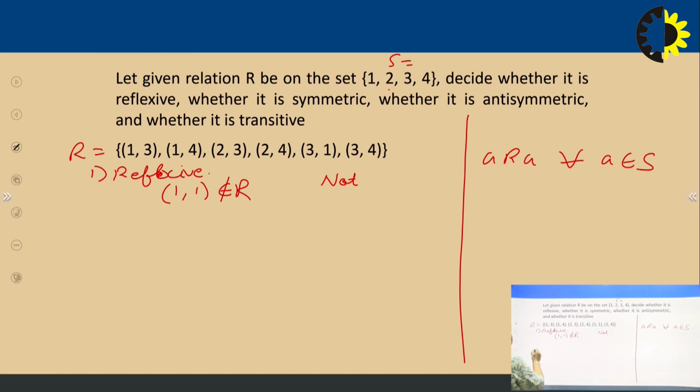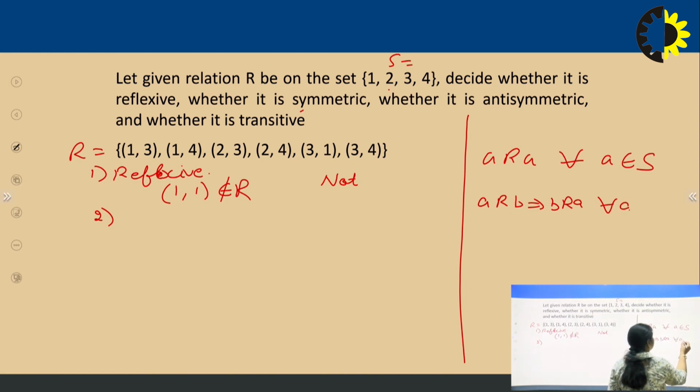Okay. Now let us check the second thing, symmetric. What is symmetric? If A is related to B, then B should be related to A for all A, B belonging to the set. Now let us check all the relations here and their reverse.